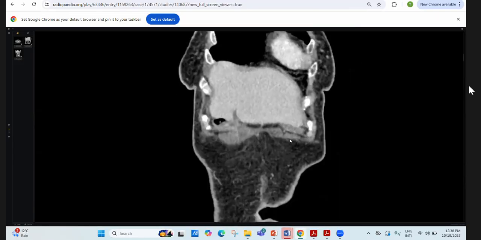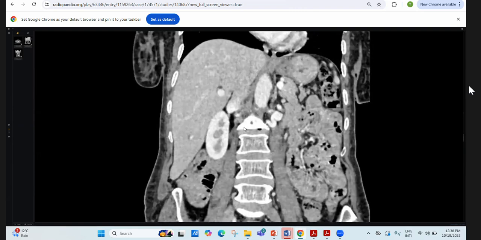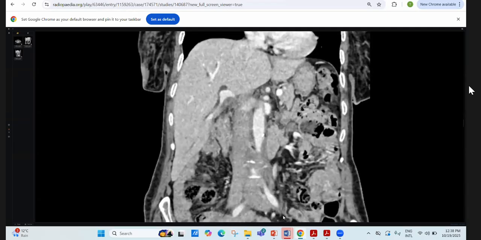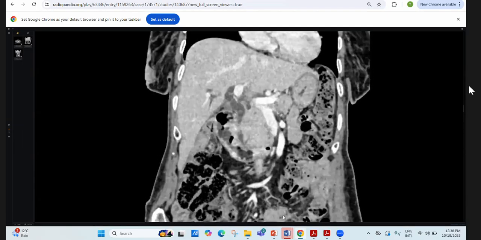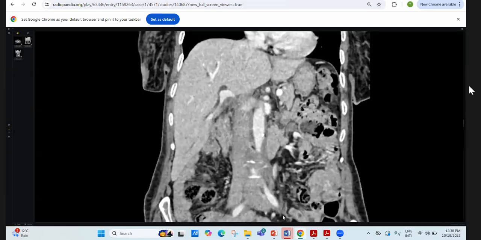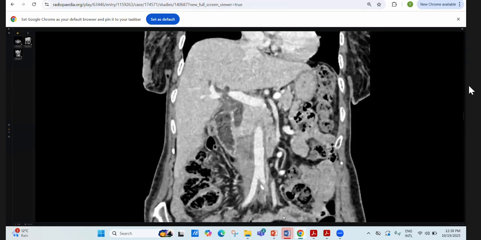On coronal images, I'm focusing on the same area. It again shows intrahepatic cholestasis with dilatation of the common hepatic and common bile duct, and I want to trace its lower end.